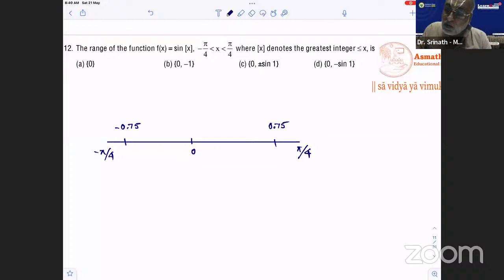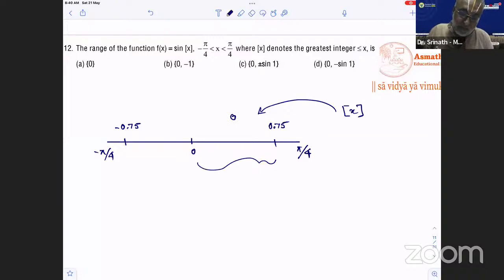Now we are talking about the greatest integer value of x. When x is between 0 and 0.75, between 0 and pi by 4, this greatest integer value will become 0.